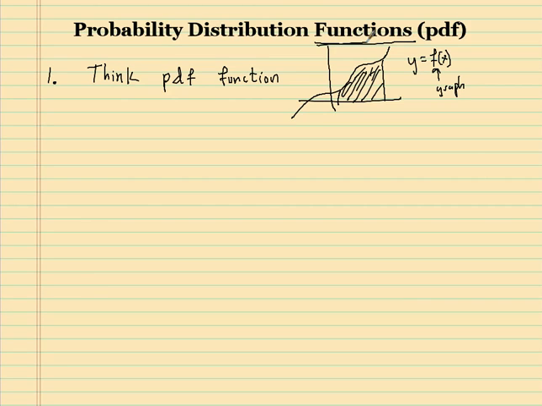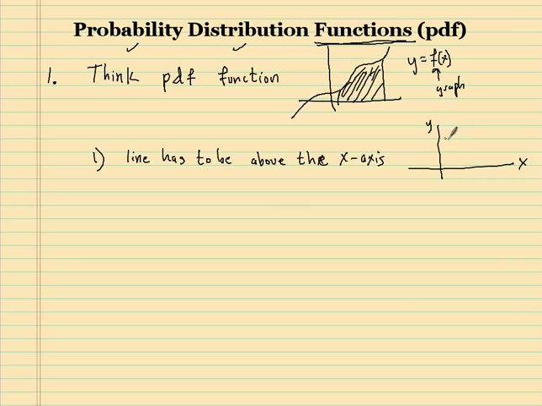Okay, so let's talk about the two ways a function becomes a probability distribution. The first thing that has to happen is the line has to be above the x-axis. So this is the x-axis here, this is the y.